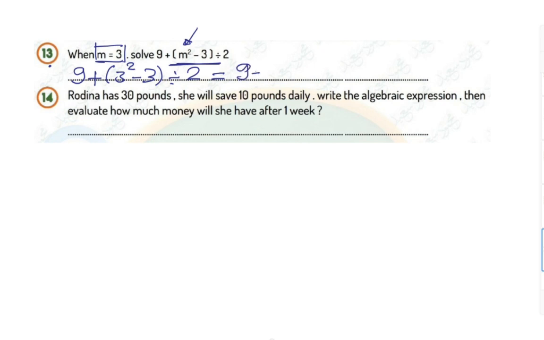So 9 plus parentheses 3 to the power 2, that means 3 by 3 equals 9, minus 3, divided by 2, that's equal. Now finish this parenthesis, 9 minus 3. So 9 plus 6 divided by 2.